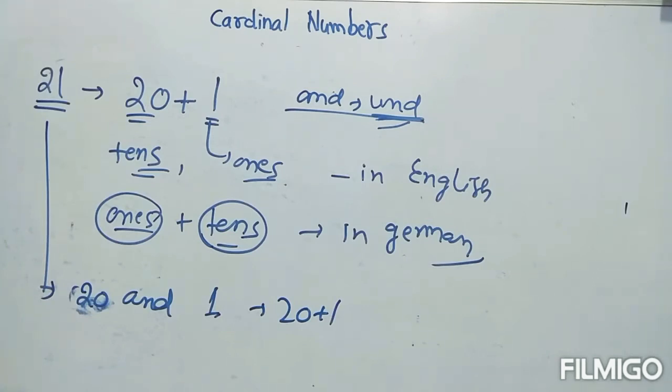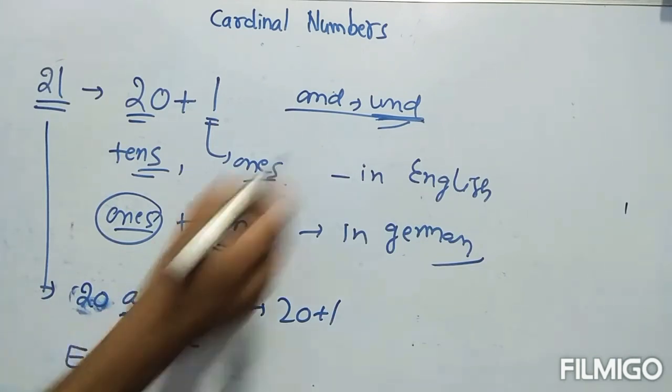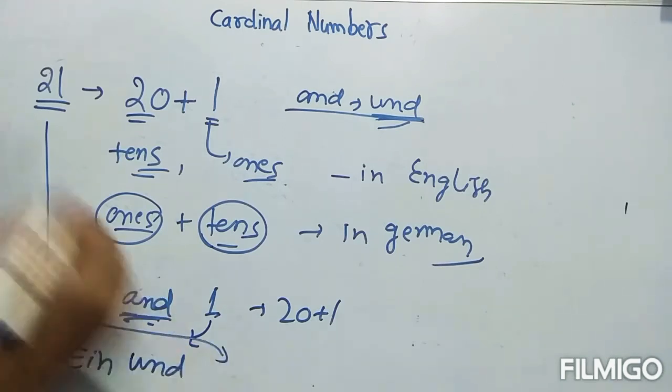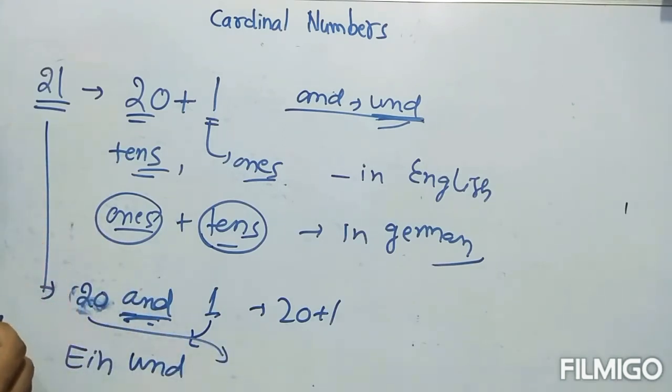First we have to write 1. 1 is ein. And is und. And 20 is zwanzig.